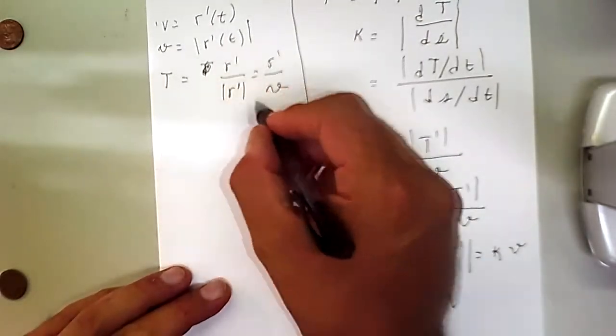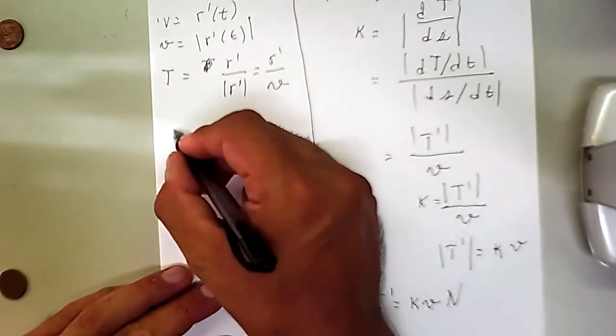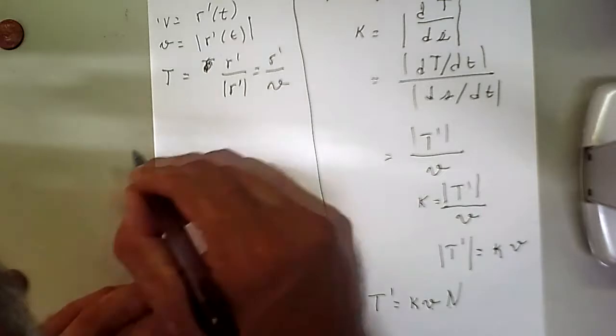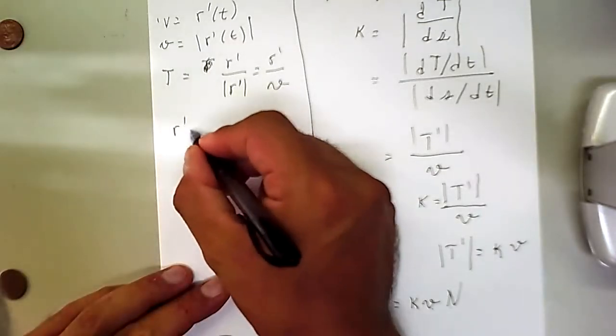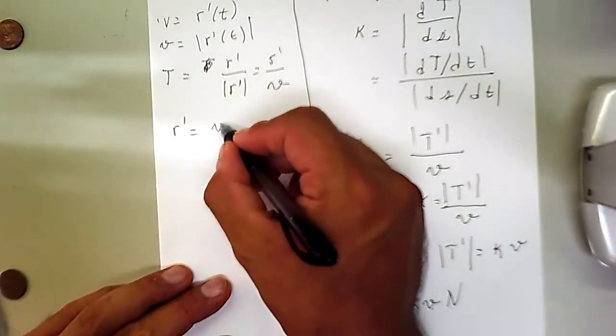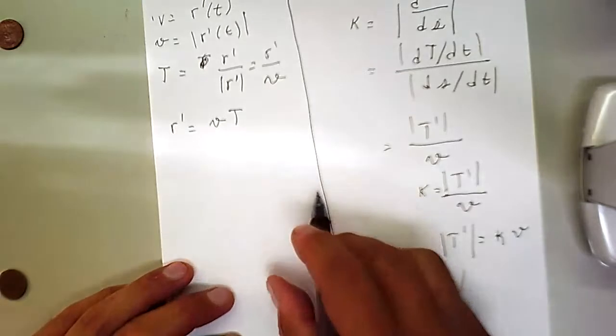And if we multiply this equation by the speed, we have that r prime is equal to the speed times T.